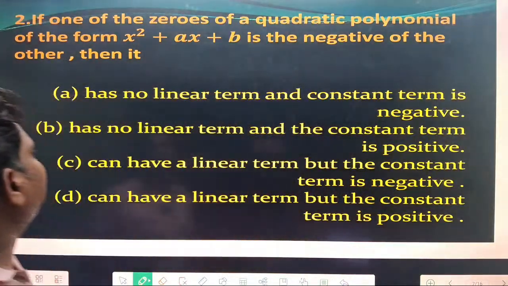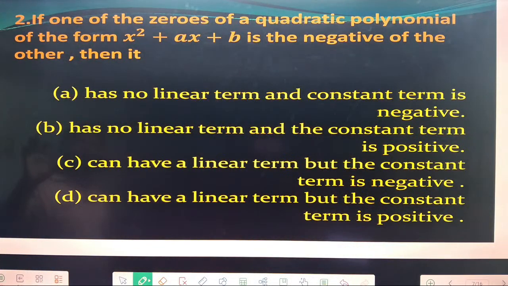Next question. If one of the zeros of a quadratic polynomial of the form x square plus ax plus b is the negative of the other.